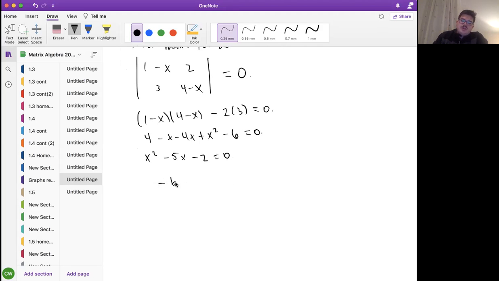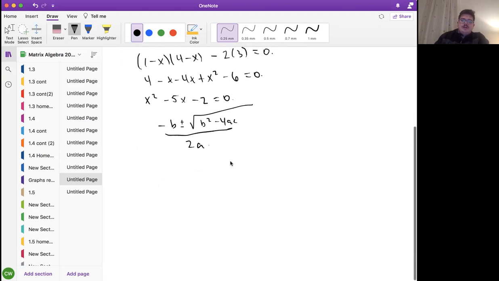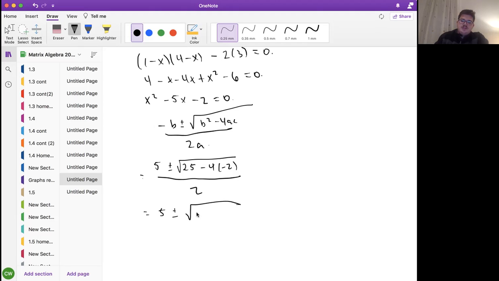So that's negative b plus or minus the square root of b squared minus 4ac, over 2a. Right, so it's 5 plus or minus square root. Yeah, very long time ago. And it's 4 times a times c over 2. It's 5 plus or minus the square root of 25 plus 8.